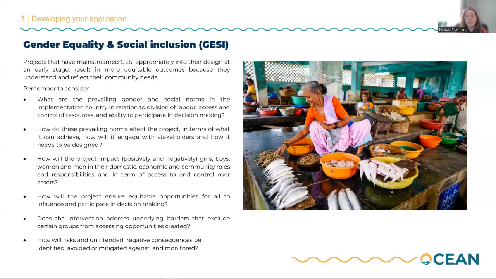You also need to think about your impacts, whether you're going to have any unintended negative or positive effects on the different parts of society. So here it's talking about girls, boys, women, and men, but this equally could talk about other marginalized groups, so perhaps migrant communities or people with disabilities, depending on your project context. So think about access to and control of assets that might be relevant to your particular project.